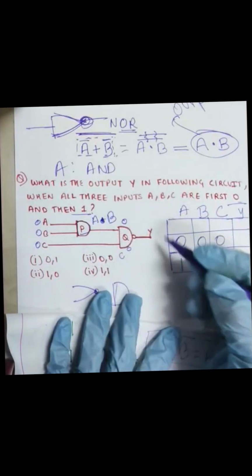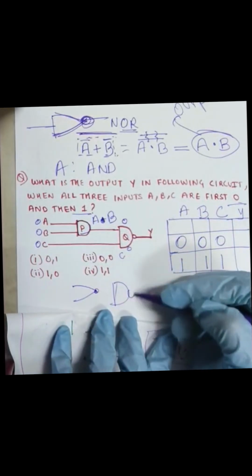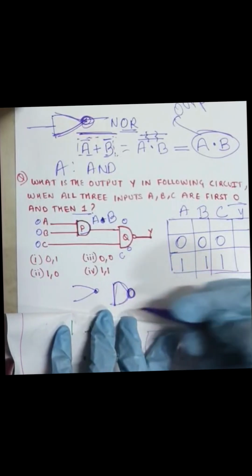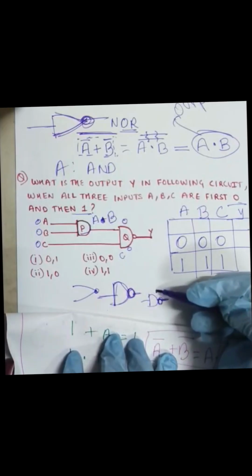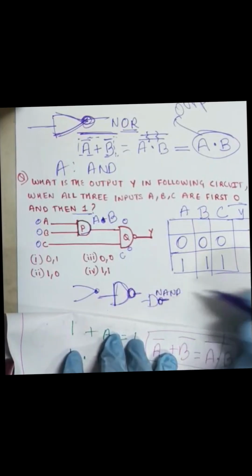Which gate is this? This is NAND. AND plus one bulb, which is NOT. NOT plus AND is NAND.